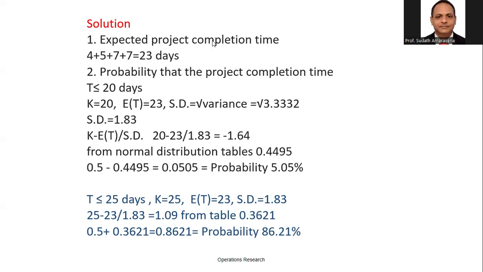If the question asks to calculate for all the activities, you should do that calculation. But if the question asks only for the probability value, remember you need to calculate only the critical activities' variances, get the total, and get the square root. We call that the standard deviation. Using the standard deviation, we can calculate the probability value.